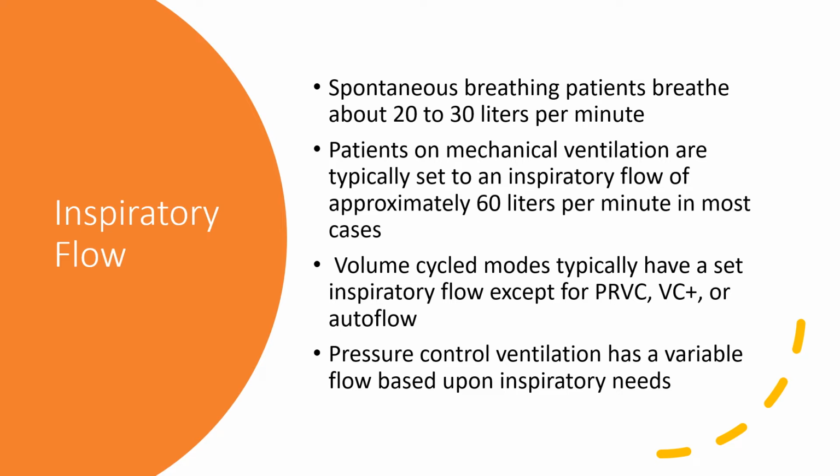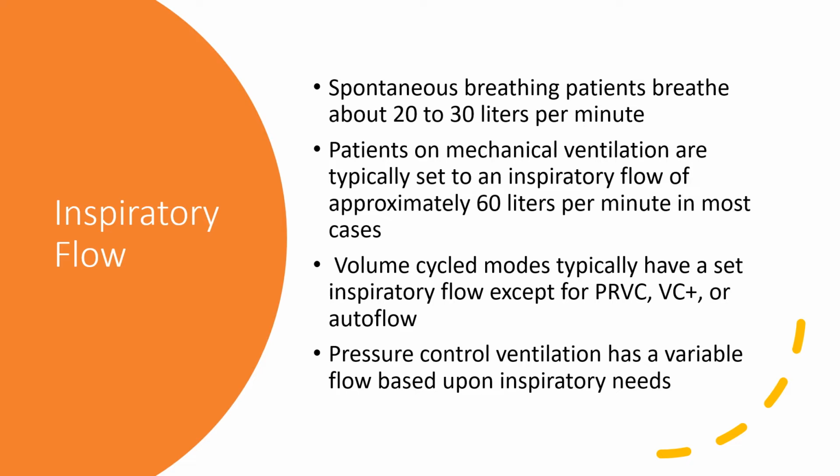Also, pressure control ventilation has the same kind of flow delivery. It's a variable flow based upon inspiratory needs. So the difference between volume cycle ventilation and pressure control ventilation is that inspiratory flow with pressure control is variable based upon the needs of the patient. You don't have to set anything.